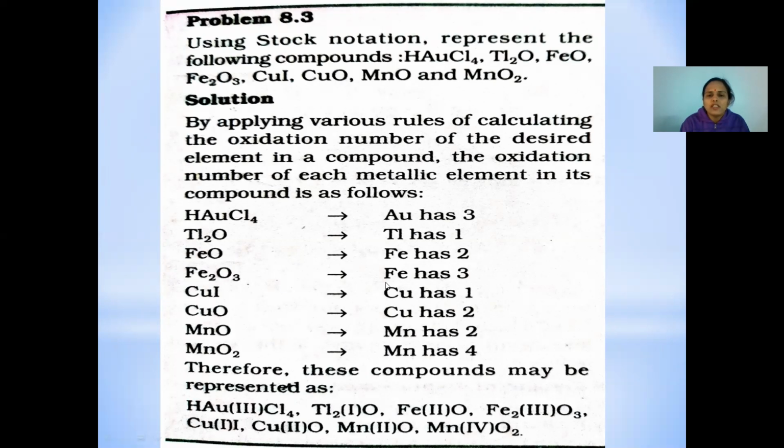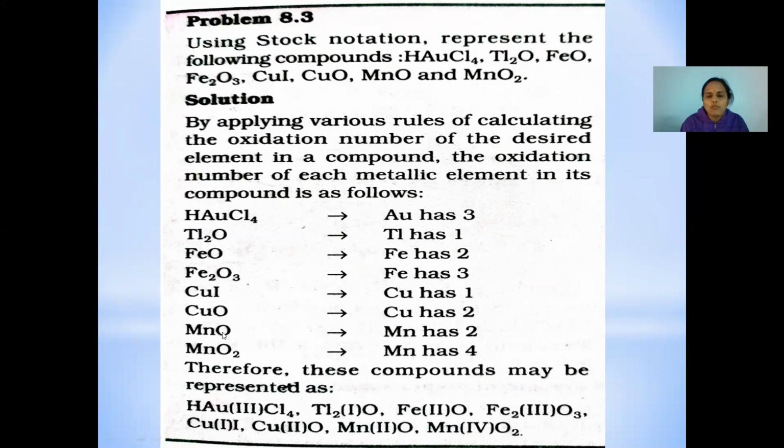Similarly, Fe2O3, iron is present here in plus 3 state, is written as Fe2(III)O3. CuI, here copper will calculate the oxidation number, x minus 1 equals 0, x is present here in plus 1 state. So we write this in Stock notation as Cu(I)I.